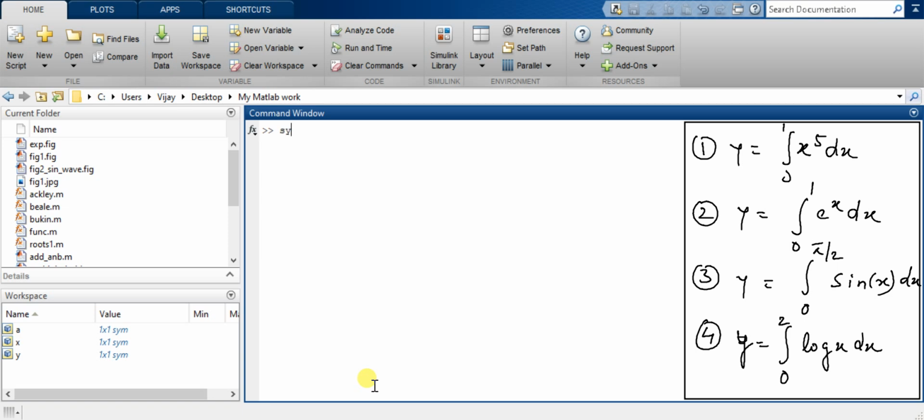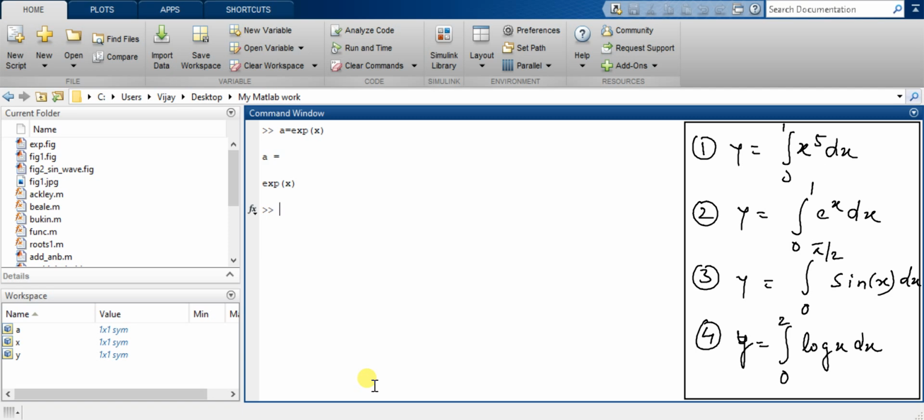Here we define syms x and define the expression, which is exp of x. X is already a stored object, so we can form it like that.